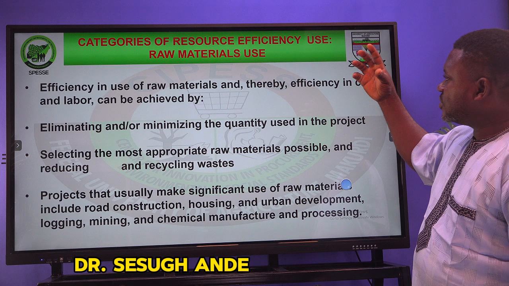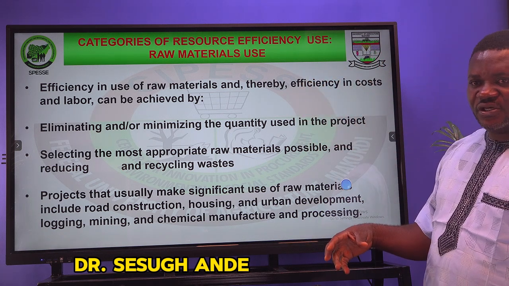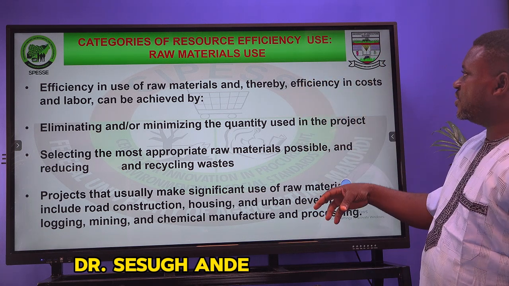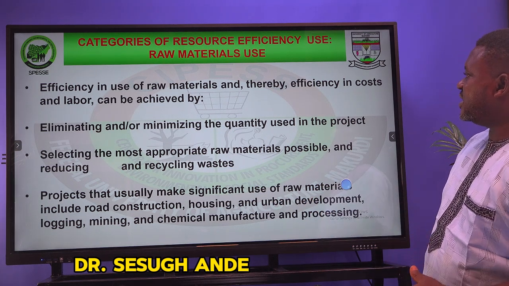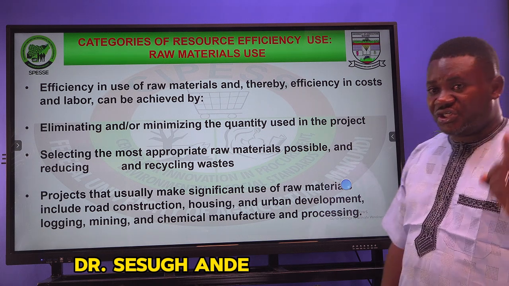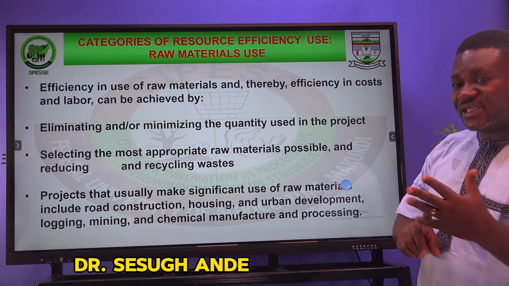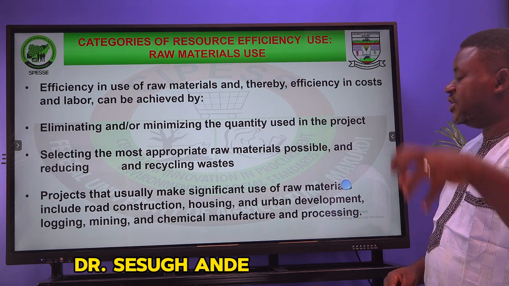Then we are looking at the second resource, which is raw material use. You know that raw material use is an important aspect. Efficiency in use of raw materials, and thereby efficiency in cost and labor, can be achieved by eliminating and or minimizing the quantity used in the project.